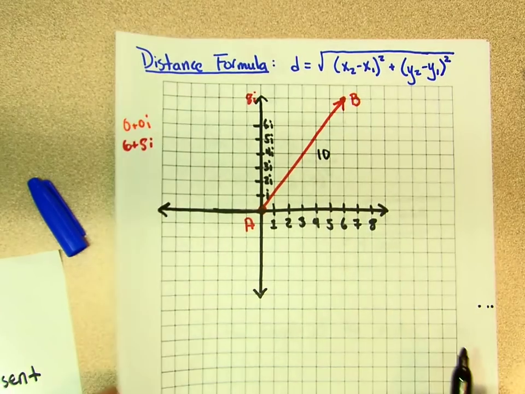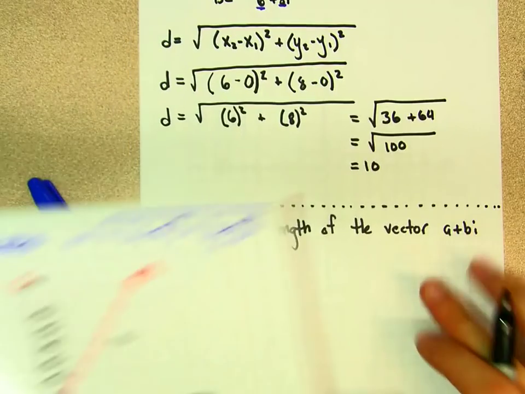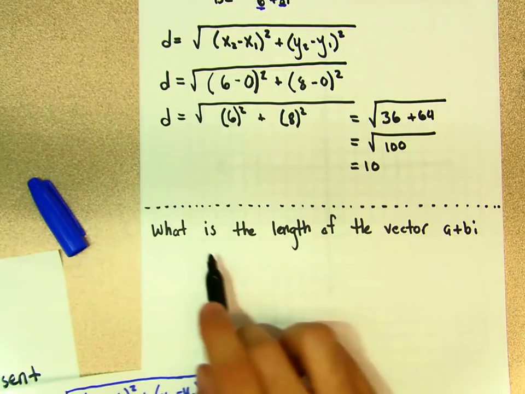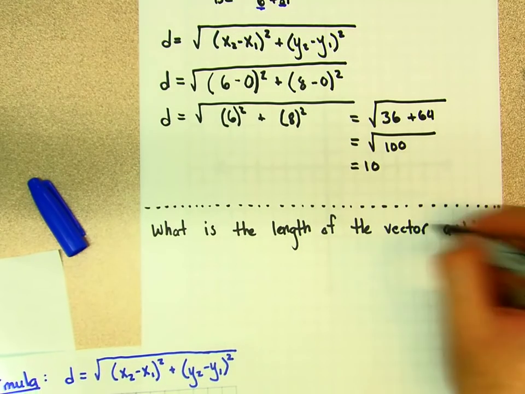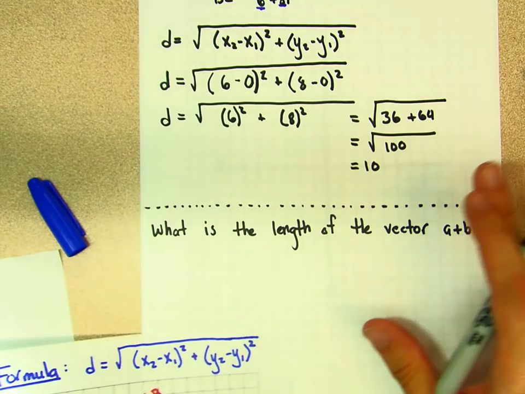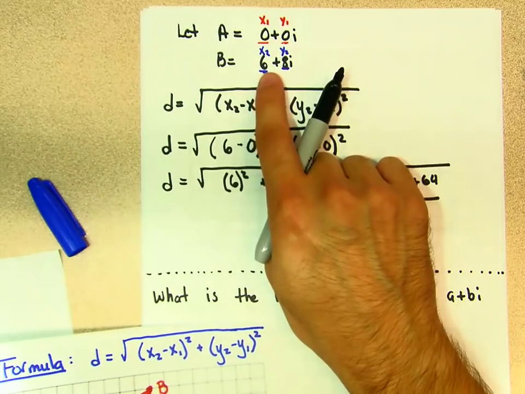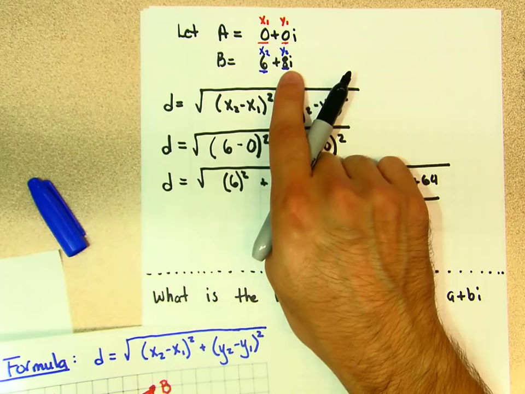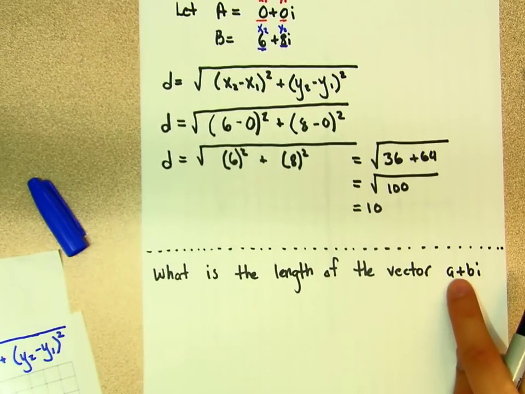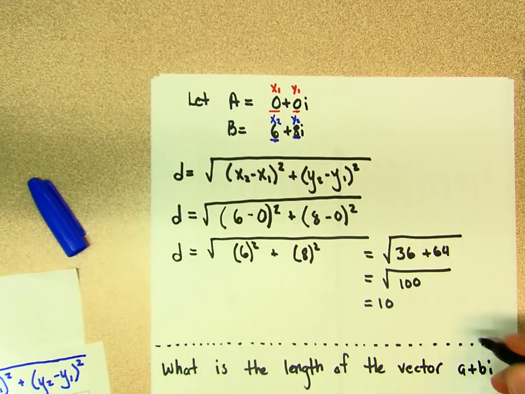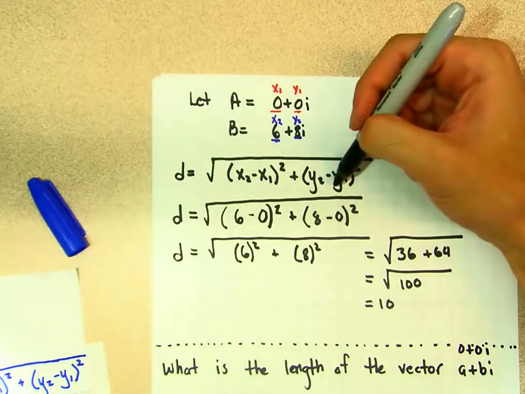Okay? So let's say I wanted to take the length of any vector, a plus bi, it doesn't matter what it is. Here, we took the length of 6 plus 8i with respect to 0, 0. Well, let's say I put a plus bi and 0 plus 0i into my distance formula.